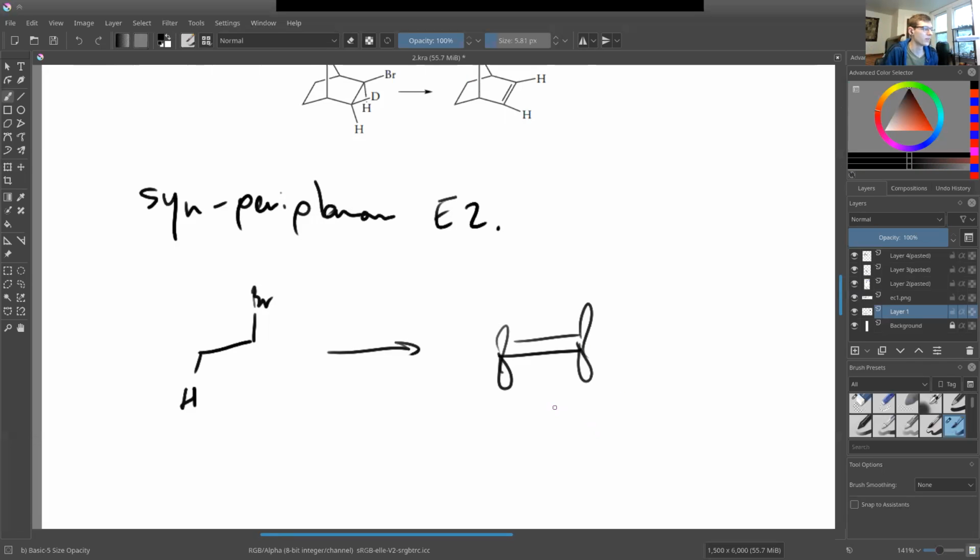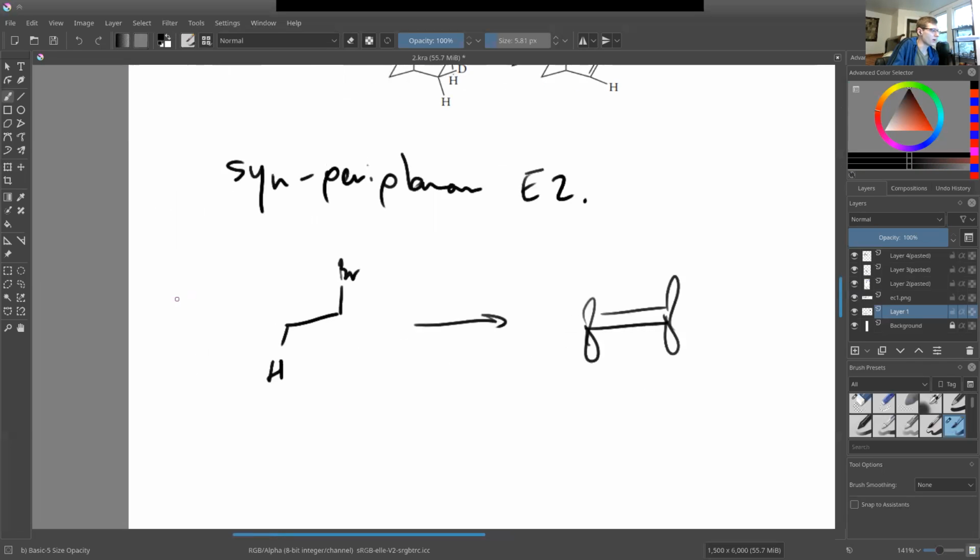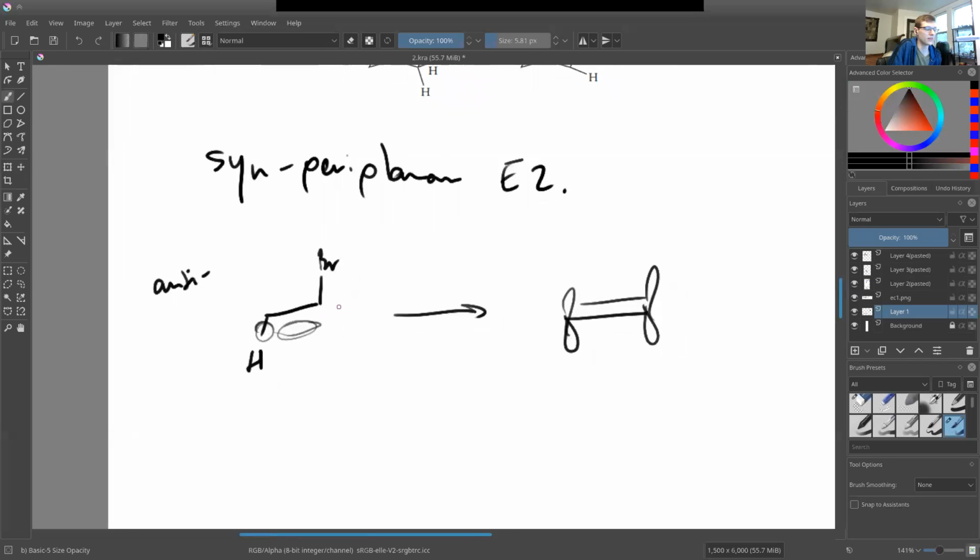The idea is that when we have anti-periplanar, this sets those orbitals up really nicely, because these electrons are already in place to float around here, right?